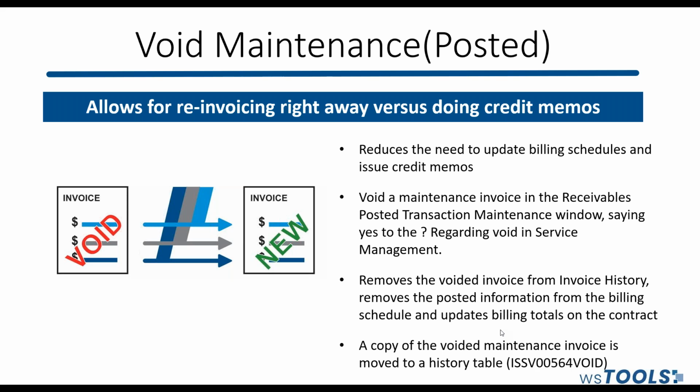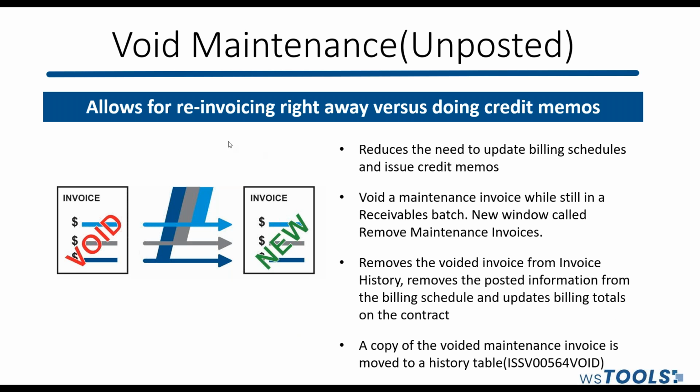But don't worry, we keep track of all that in a history table, so you can see that in a smart list, a SQL view, whatever you want for pulling that data out. We have a table where all of that is stored for every void that you're doing on the maintenance side. So that's cool.